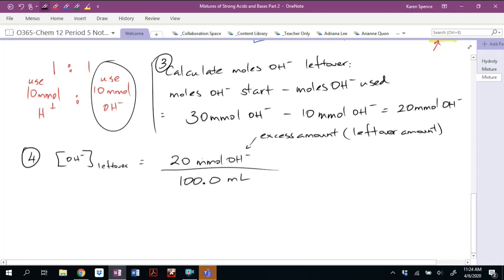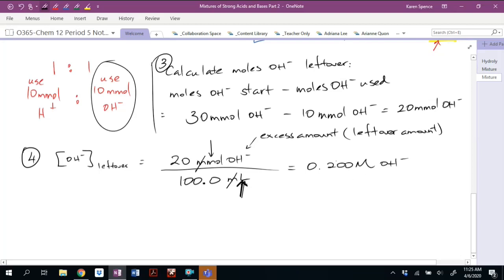And this is where the milli is so lovely, because I've got milli up here and milli down here. I'm left with moles per liter, okay? And so we will end up with 20 divided by 100 is 0.200 molar OH minus, okay?